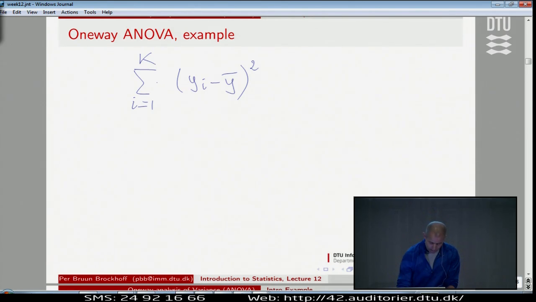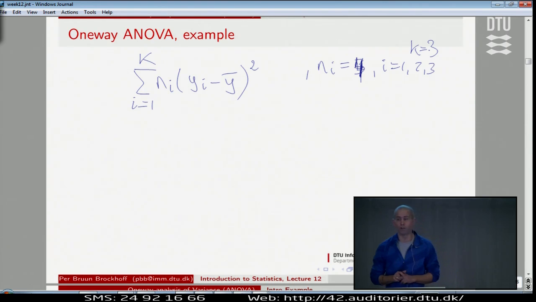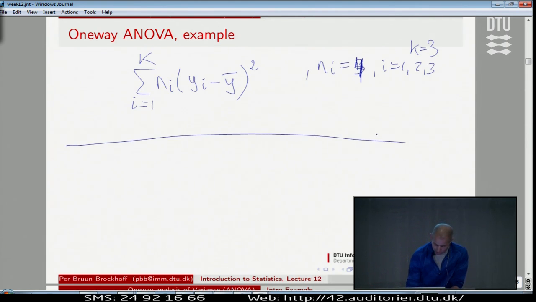Basically, I multiply by the number of observations in each group. In our case, Ni obviously is 4, and the number of groups is 3 here, right? So let me try to compute this number.